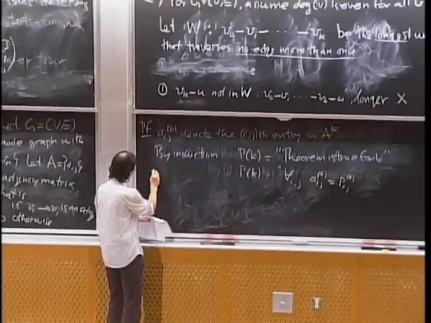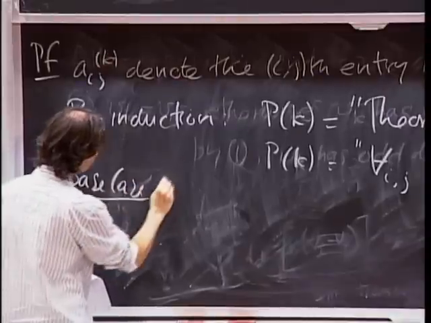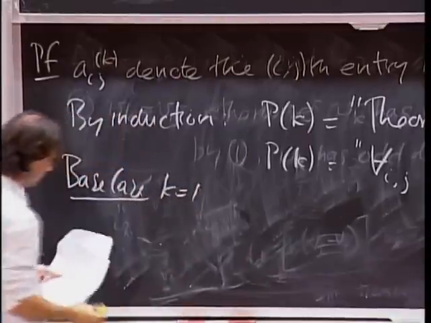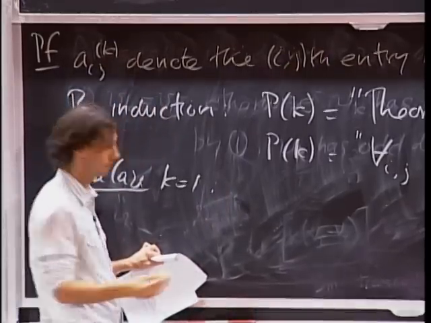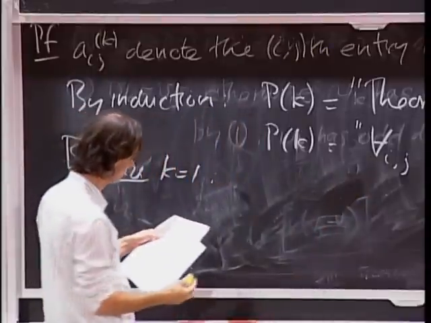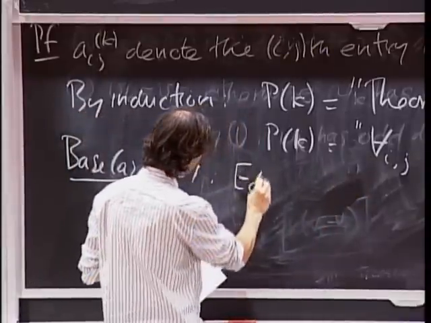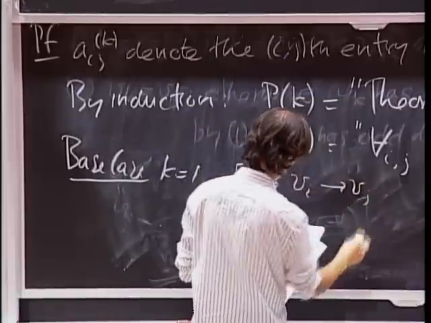So let's first do the base case. That's how we always start. The base case is k equals 1. And we have essentially 2 options. We want to prove this, so take an i and a j, whatever you want. Suppose we have an edge from Vi to Vj.